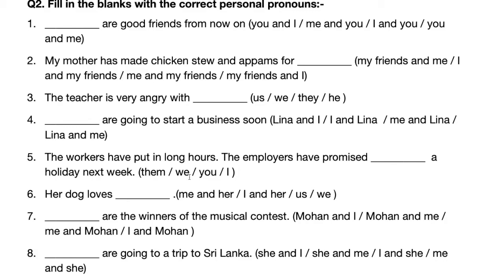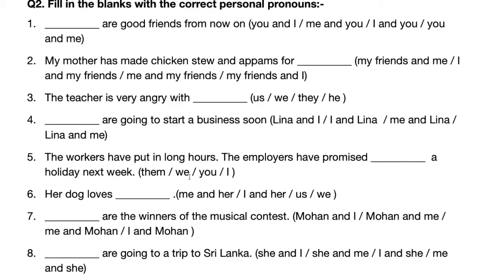My mother has made chicken stew and appams for my friends and me, I and my friends, me and my friends and I. My mother has made chicken stew and appams for me and my friends. The teacher is very angry with us, we, they, he. The teacher is very angry with us.